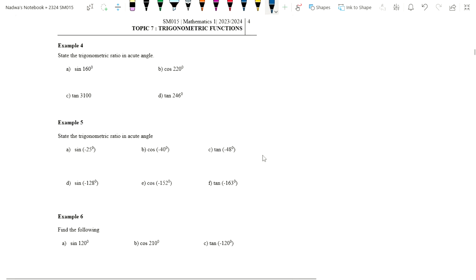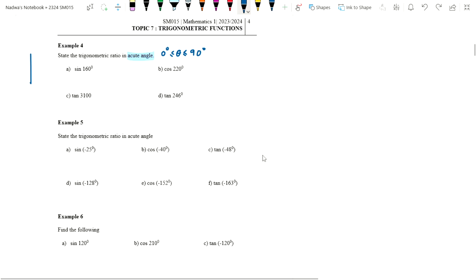Okay, it says state the trigonometric ratio in acute angle. So acute angle here means that the angle must be between 0 to 90 degrees only. So as you can see, 160 is beyond the acute angle, beyond the first quadrant. So this is not an acute angle. So we have to identify first which quadrant sine 160 degree lies on. Okay, which quadrant?